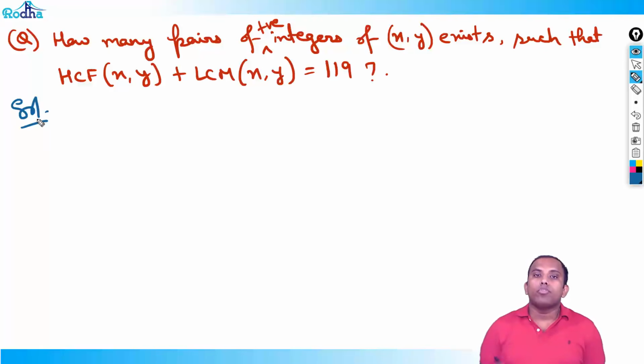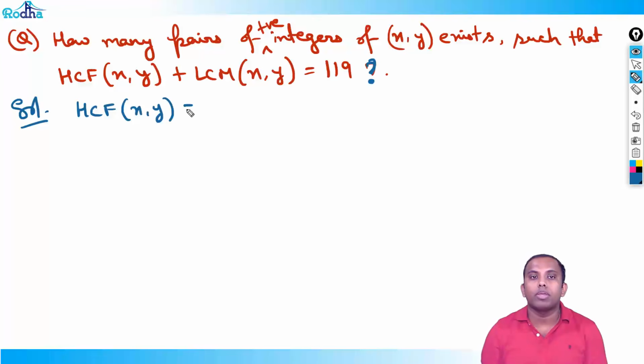So how many pairs of integers x comma y exist here such that HCF of x, y plus LCM of x, y is equal to 119? Now see, I don't know the HCF, I don't know the LCM. So let's say HCF of x and y, I'm assuming to be h.